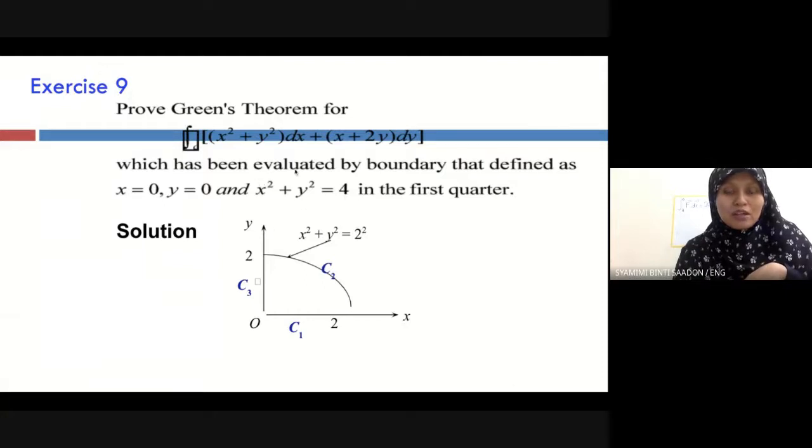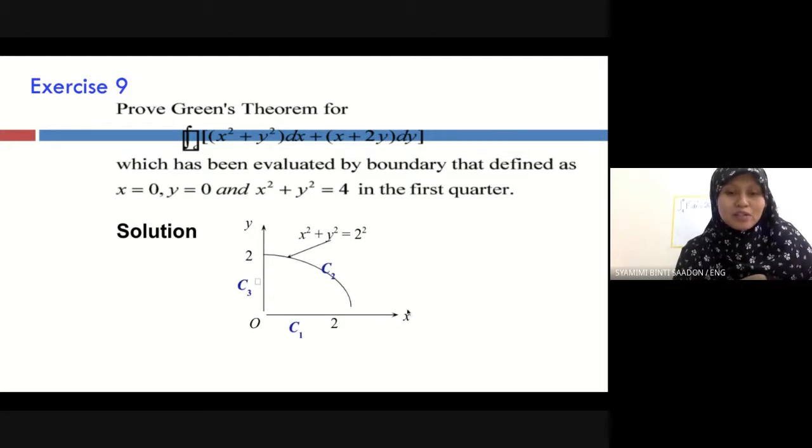If we sketch this function, the function will become a curve like this. It is like a circle, but because the boundary is x equals 0 and y equals 0, we only consider this plane.